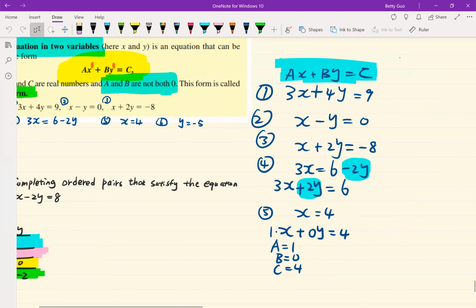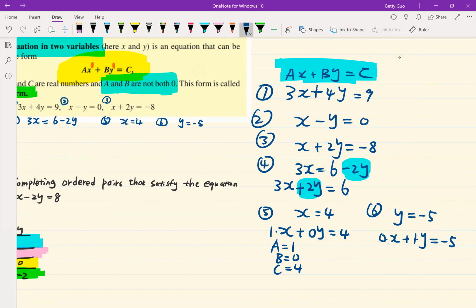Number 6, y equals -5. This equation is also a linear equation in two variables because we are able to write that equation in the form 0 times x plus 1 times y, which is just y, equals -5.